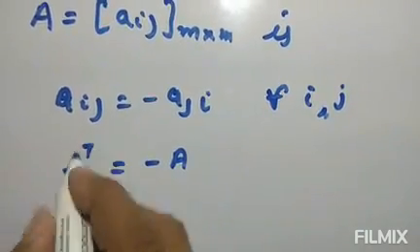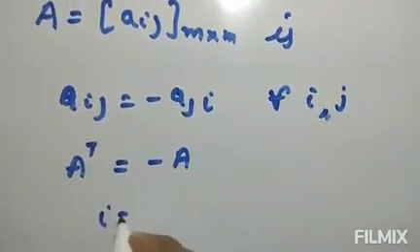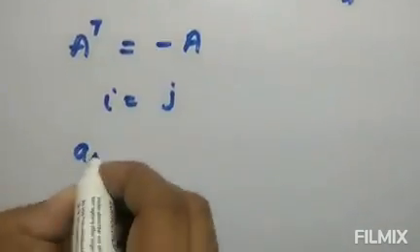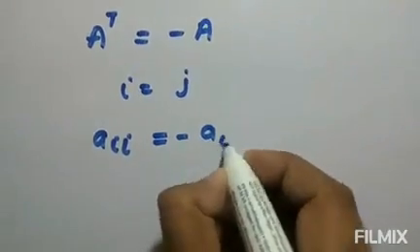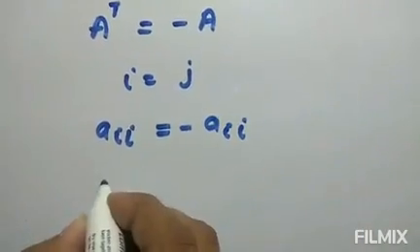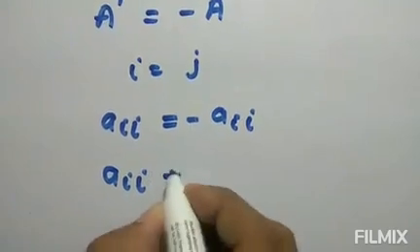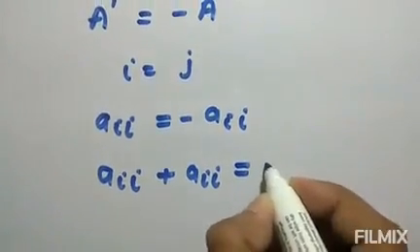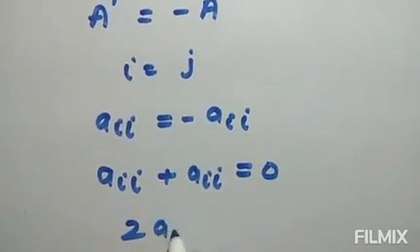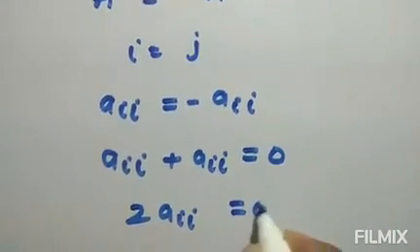If i equals to j, then Aii equals to minus times of Aii. It means Aii plus Aii equals to 0. So 2Aii equals to 0.